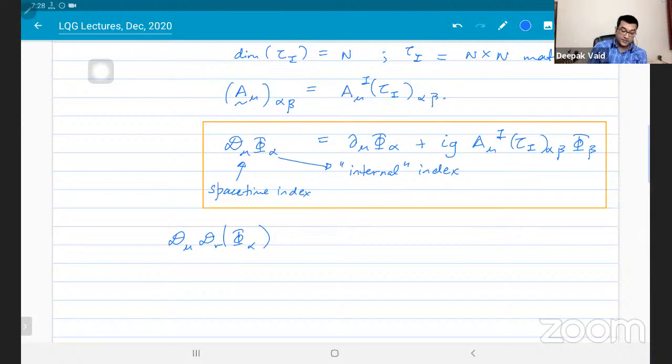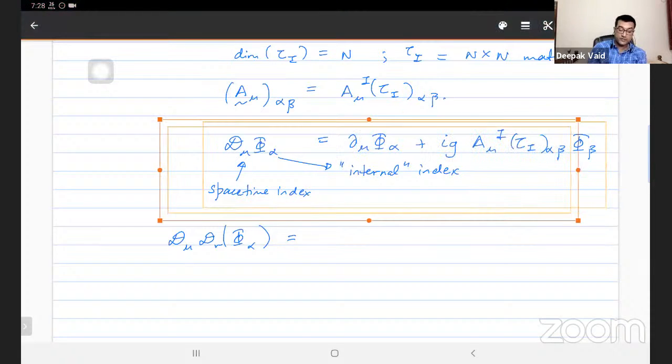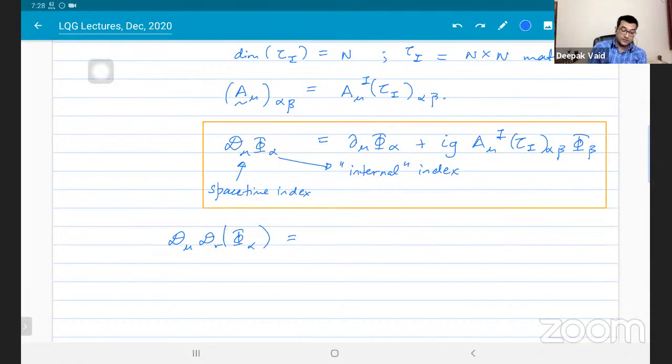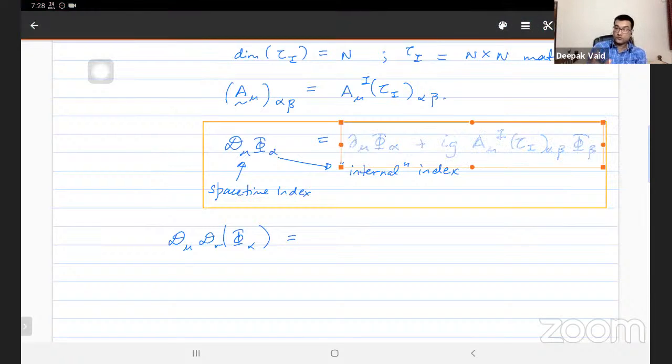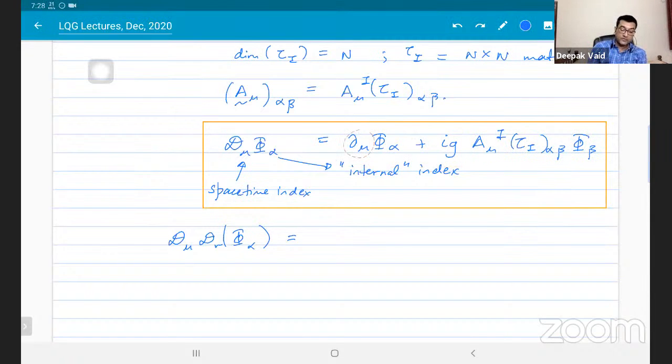All right. Now what will happen is that, if you apply two of these operators, so it's like taking the square of this expression, sort of, right? You will get two partial derivatives, but that term will cancel when we anti-symmetrize over mu nu.